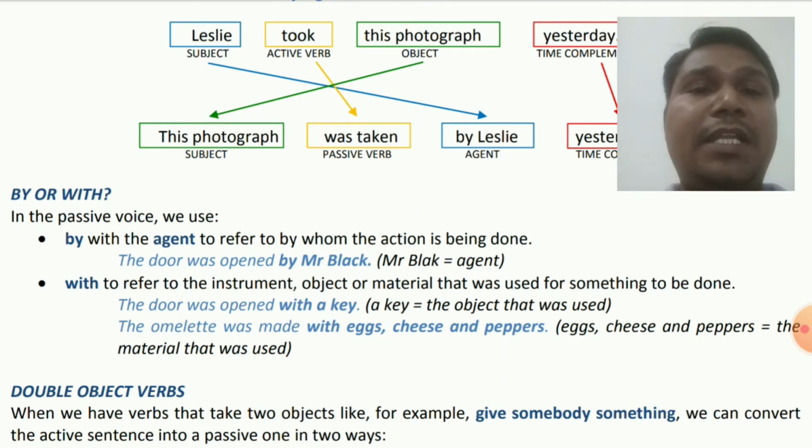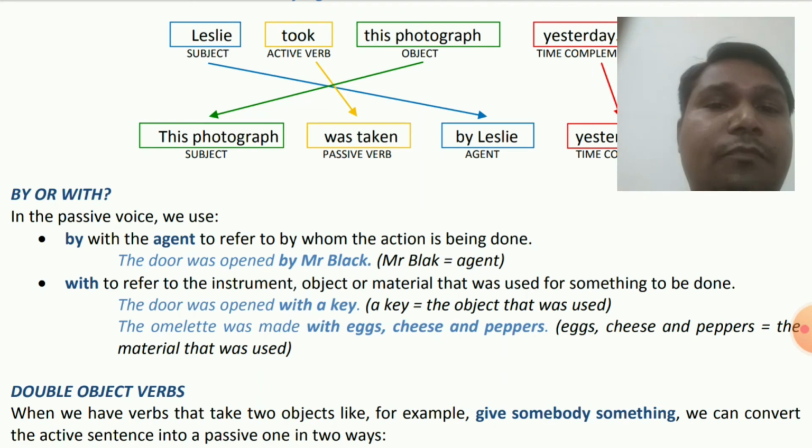The second example is the omelette was made with eggs, cheese and peppers. So here it is the material that was used to make the omelette, that's why it is preceded by with. If the subject is there, then we have to use by.